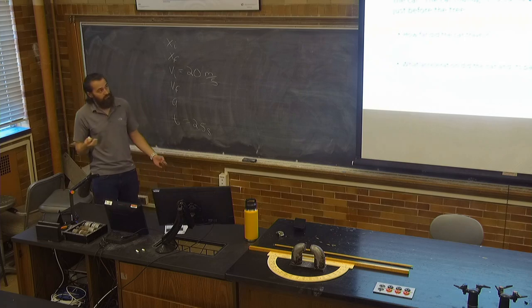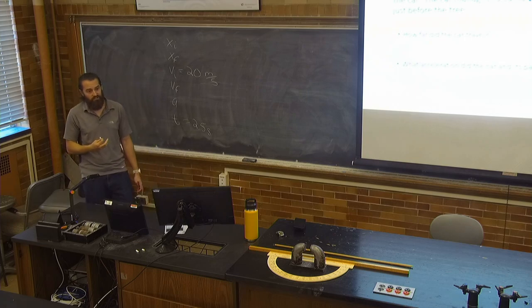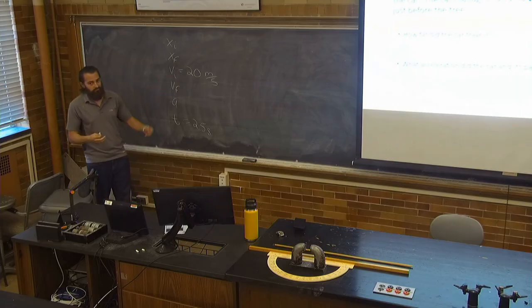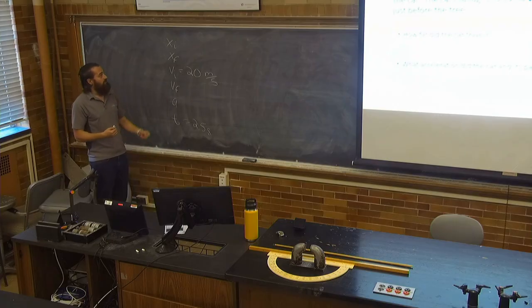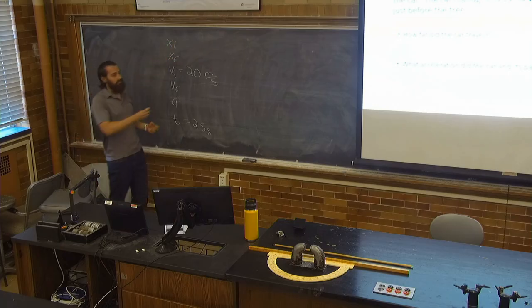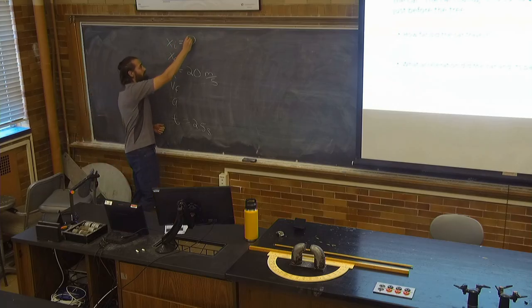And those are really the only two numbers it looks like they give us in the problem. But there's a lot of variables hidden in the way that the problem has been written. So first, we can just set the initial position of the car to be 0. That's usually a safe thing to do.